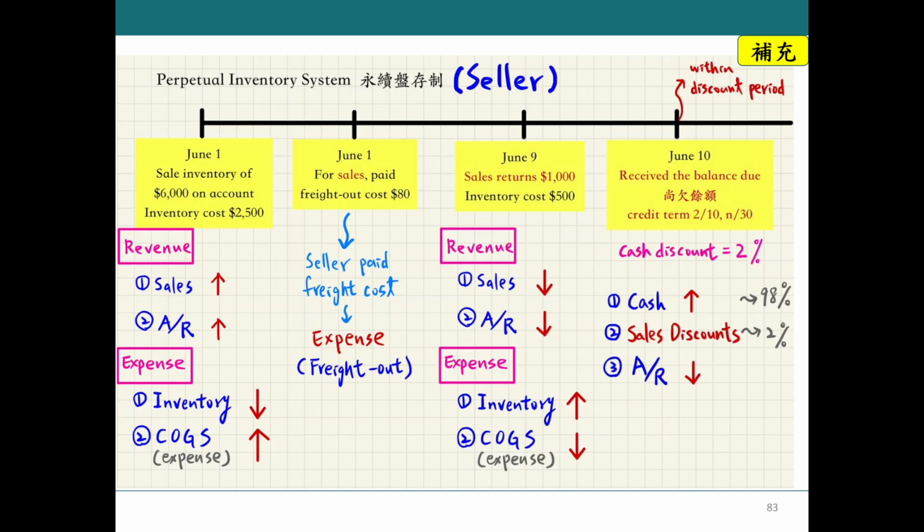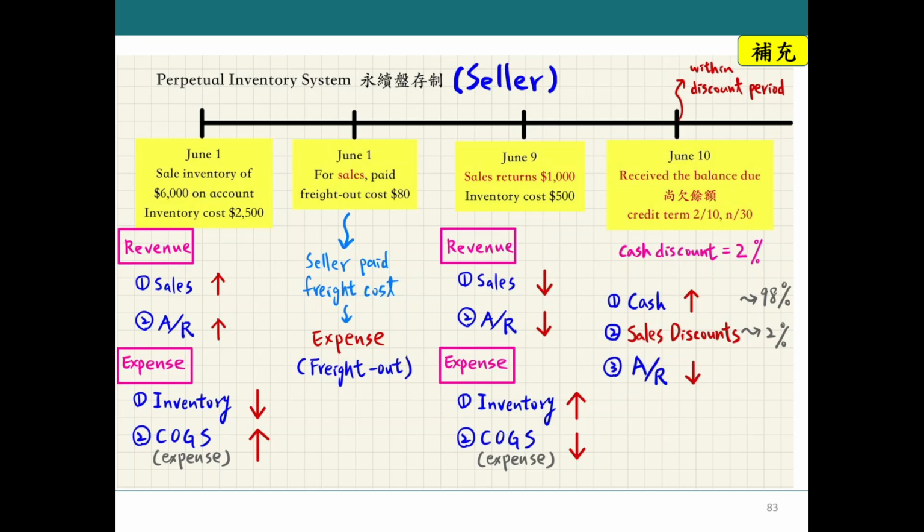Also, should they pay the money back to you? No, they don't need to pay for the returned inventory, right? So that's why accounts receivable decreases. Okay. After revenues, don't forget, with perpetual 永续盘存制 the hard worker, we still record the second thing, cost of goods sold, right? Since the customer returned inventory to you, you got the inventory. Your inventory increases, right? At the same time, your cost of goods sold expenses will decrease, okay? So that's the second thing.